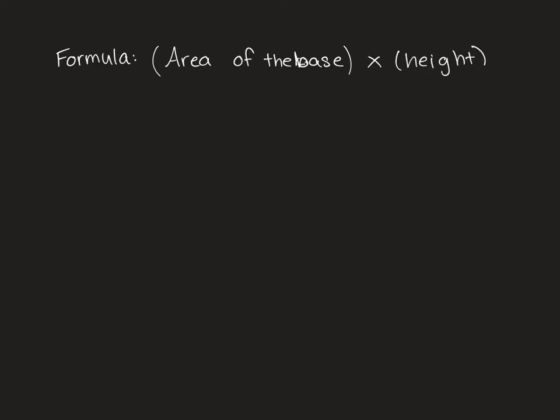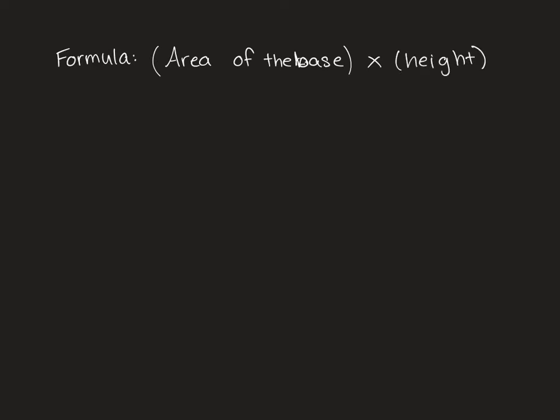The basic formula for finding the volume of a polygonal prism is you need to calculate the area of the base, and then you need to multiply that whole area by the height of the prism.